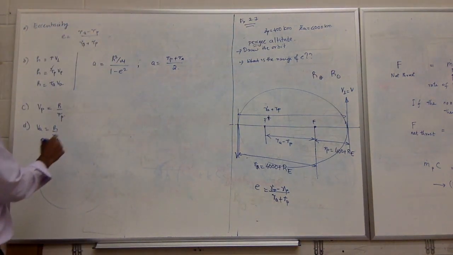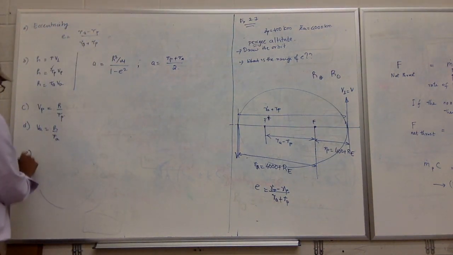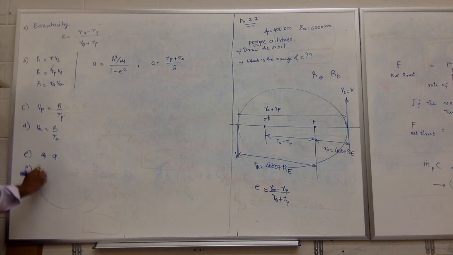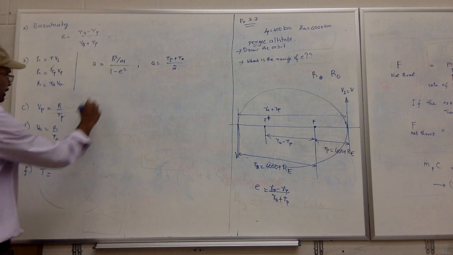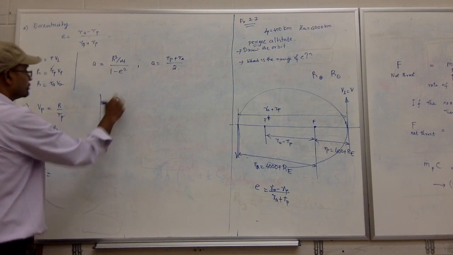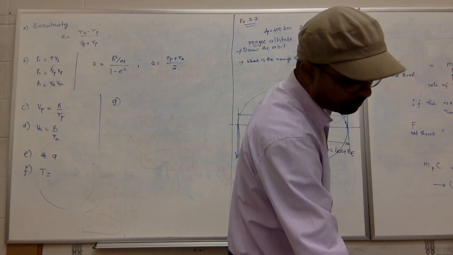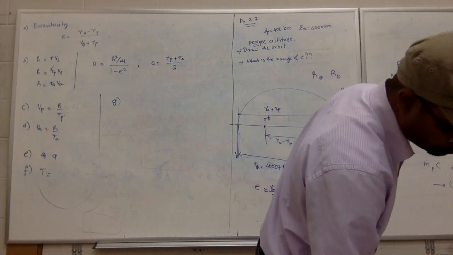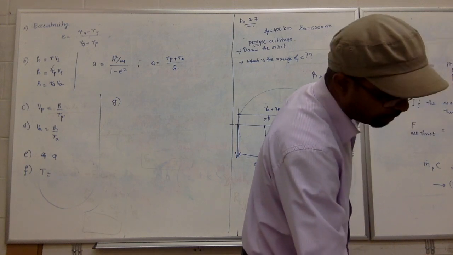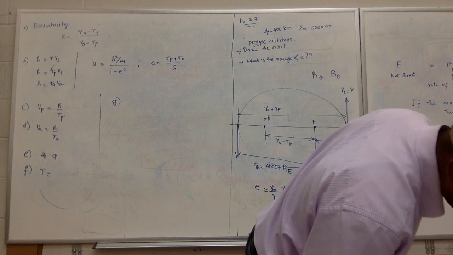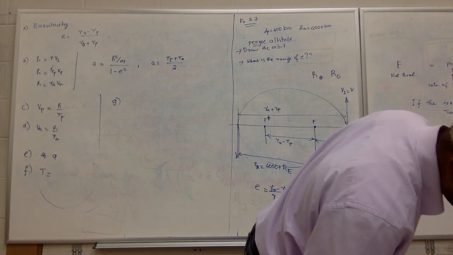So you can calculate A, right? Can you calculate P? Yes, you can, right? Can you calculate the true anomaly when R is equal to...? I think that's the same.